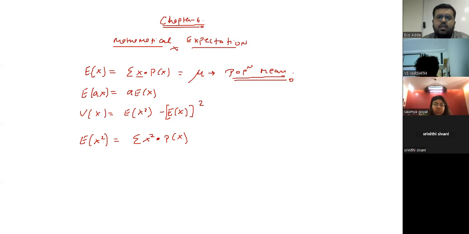So basically, this is expectation of x, and this is expectation of x whole square, and hence the variance of x can be found by finding these two values and putting them here. Let's do one example.